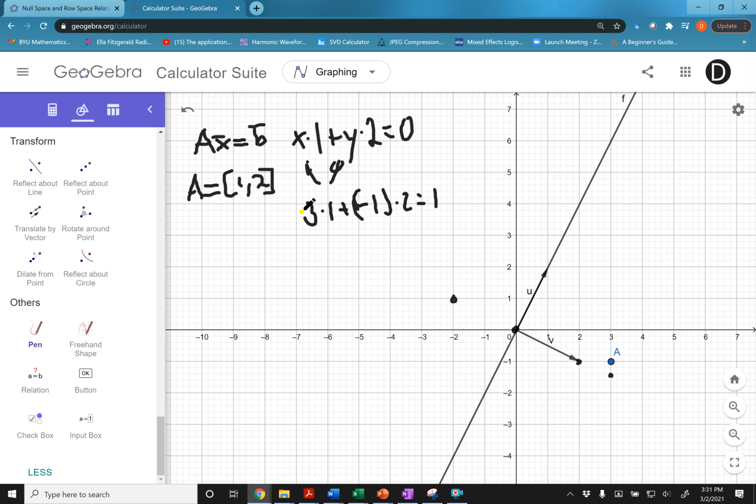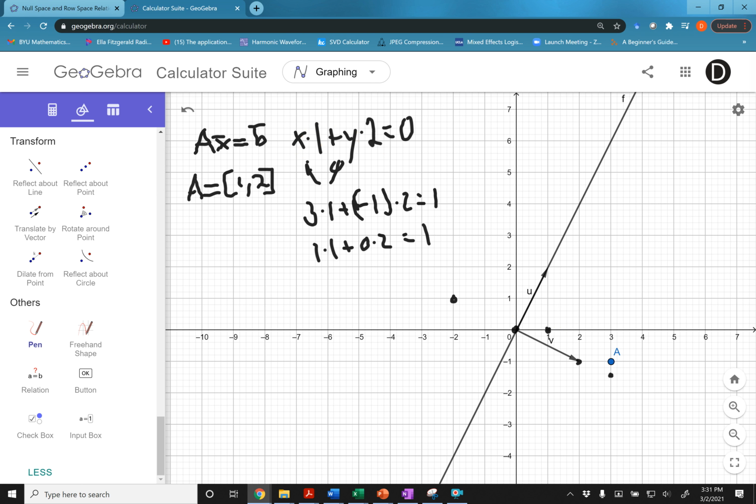Can you find one? Well, 1, 0 gives 1. If I make x 1 and y 0, 1 times 1 plus 0 times 2, I get out 1. So I've got this spot right there.